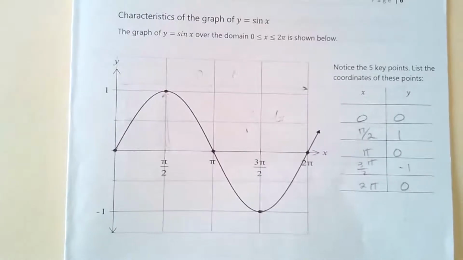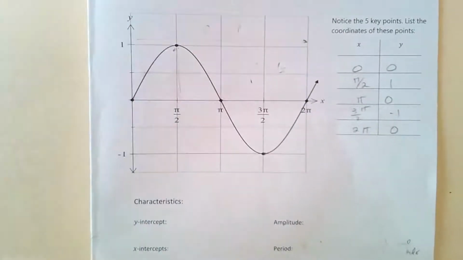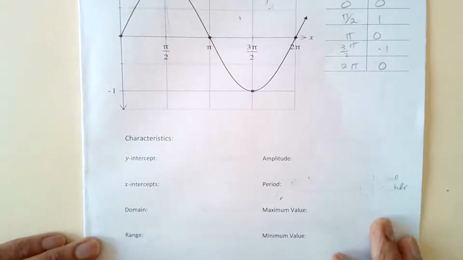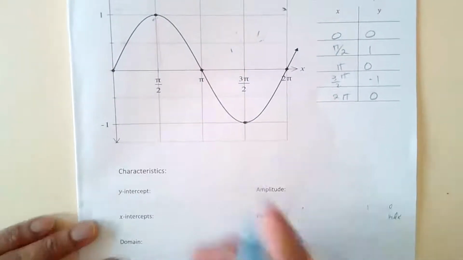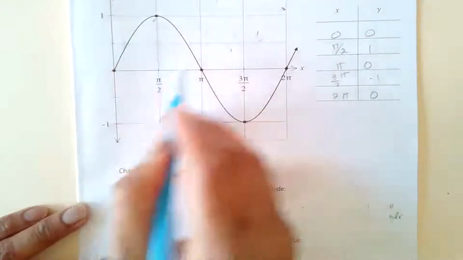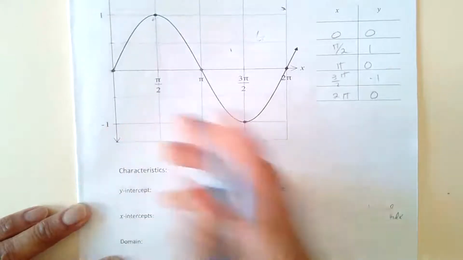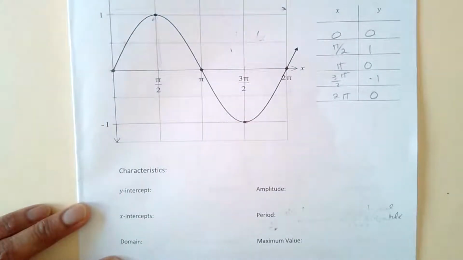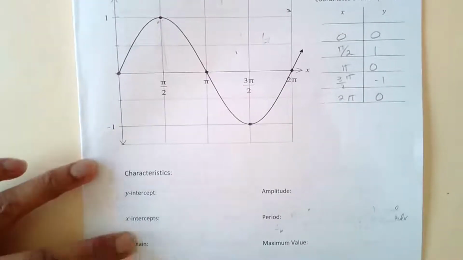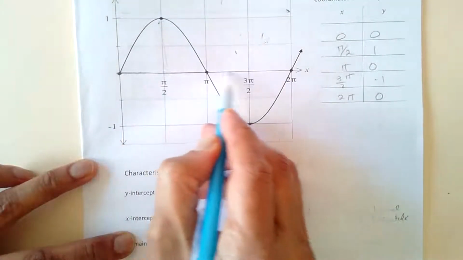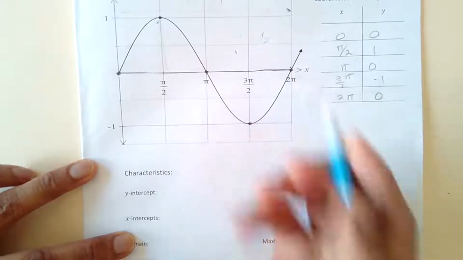So the y-intercept, let's go back to this graph here. Now, the period, as I mentioned, is the length of the interval where the graph repeats itself. So the length of this interval here to here is 2 pi.